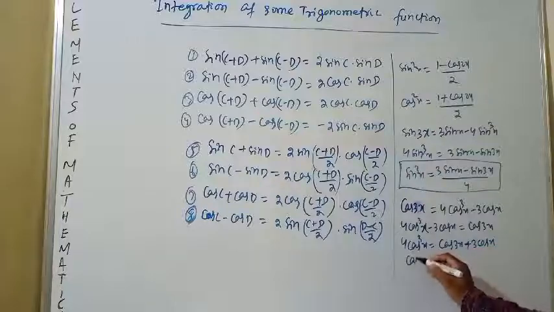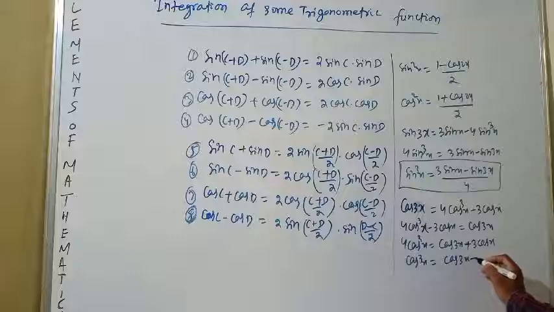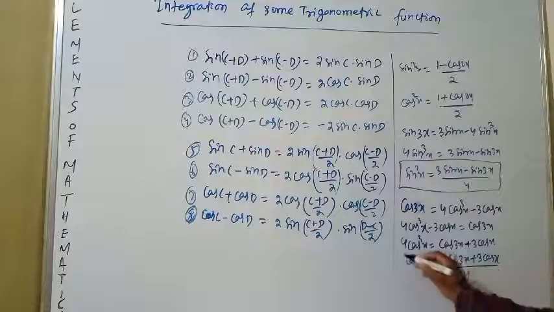So cos cubed x is equal to (cos 3x plus 3 cos x) by 4.